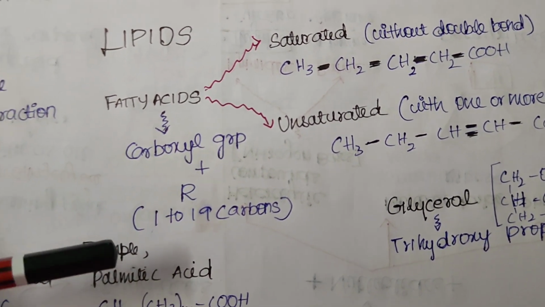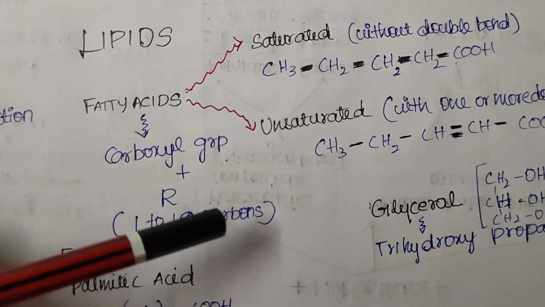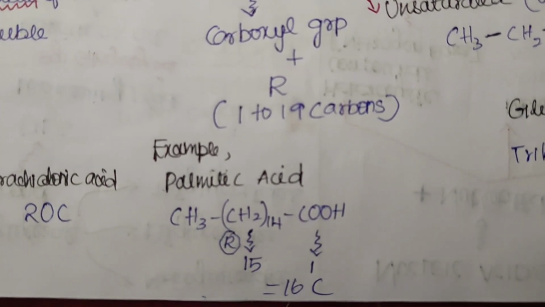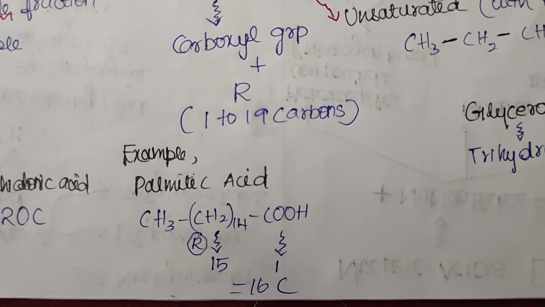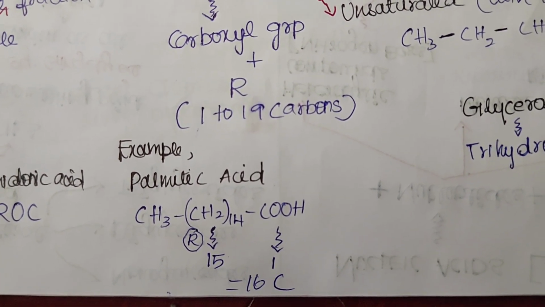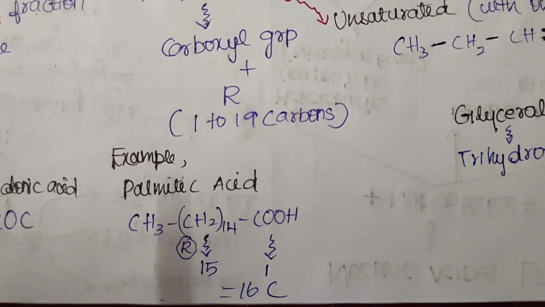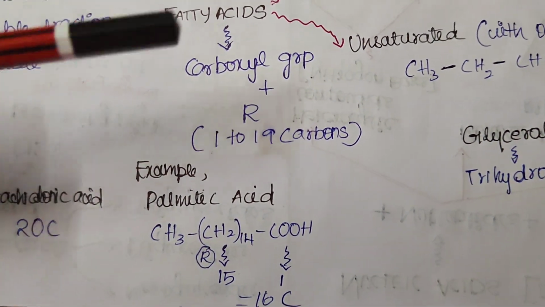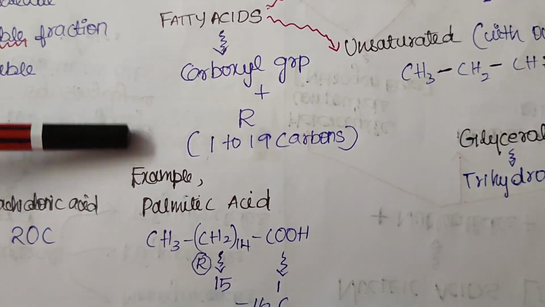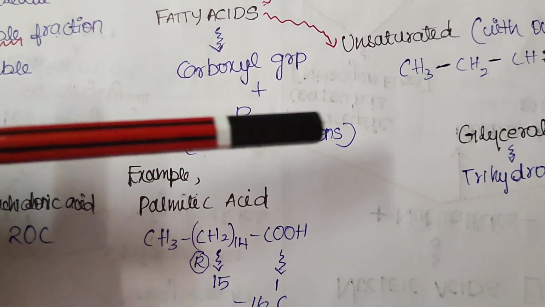In this variable group, there can be 1 to 19 carbons. If we see the example, palmitic acid, which is a fatty acid, contains 16 carbons including the carboxyl group. So the maximum number of carbons in a fatty acid can be 20, which includes the carboxyl group. That's why the R can contain only 1 to 19.